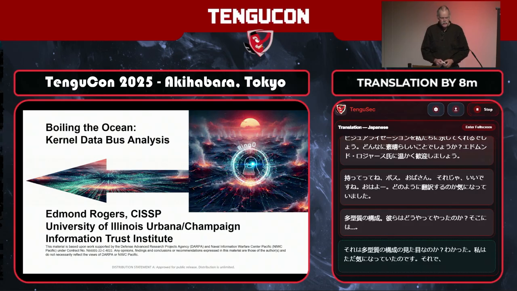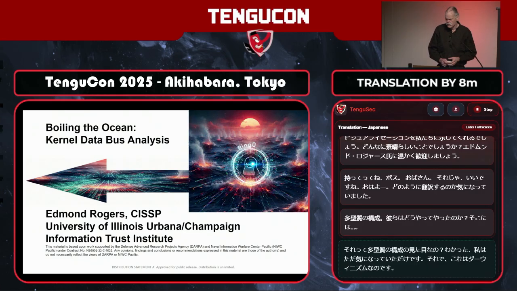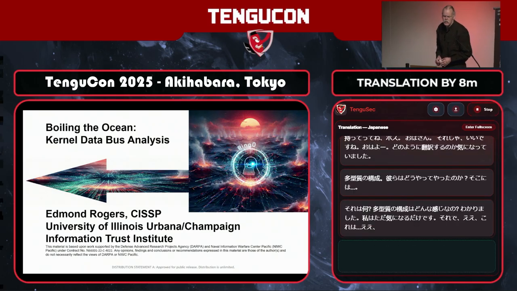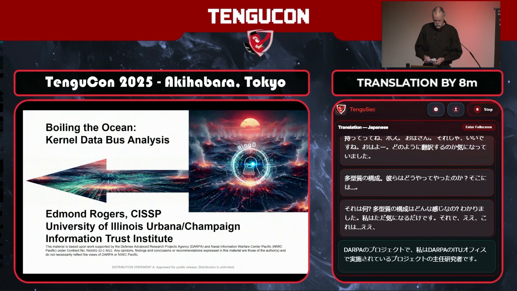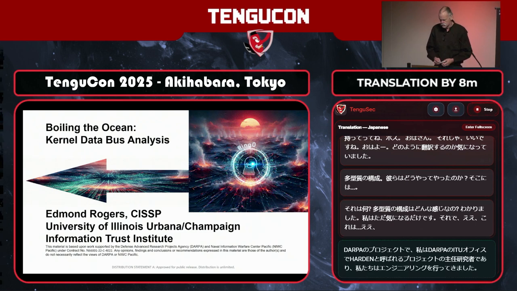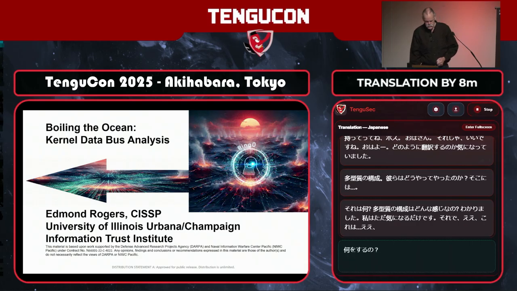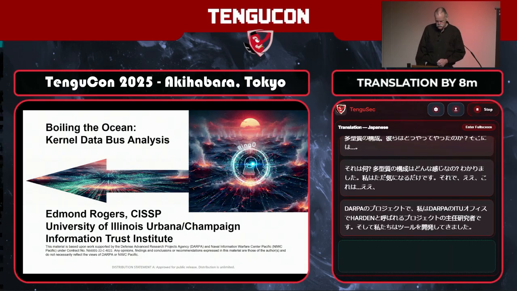A DARPA project I am the principal investigator on, in the I2 office at DARPA, called Harden. And we have been engineering a tool that does what our young hostess said. I'm Edmond Rogers.